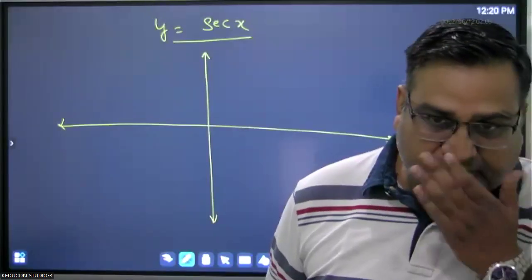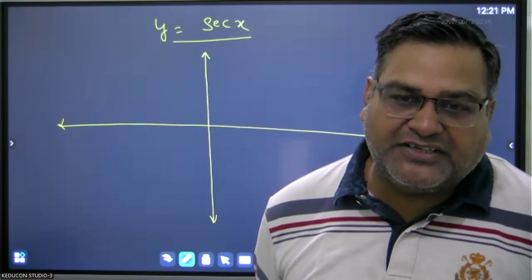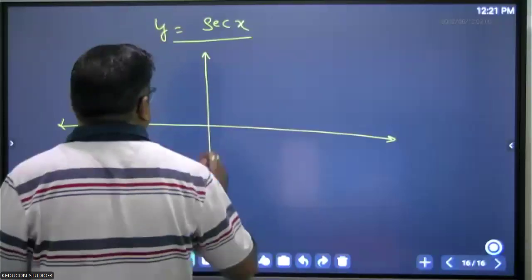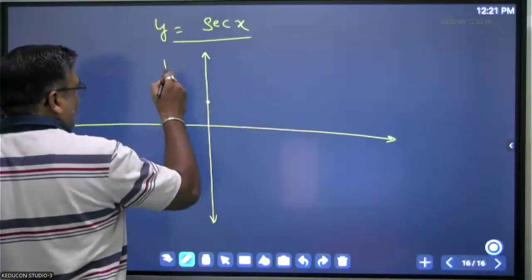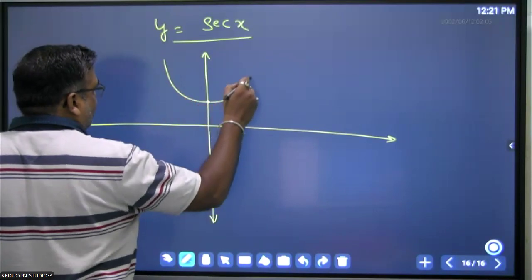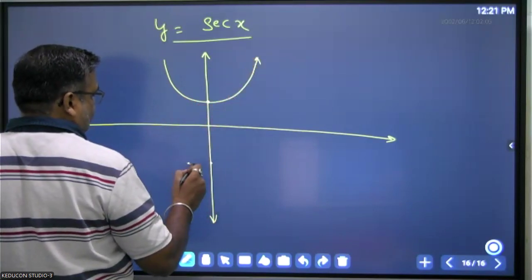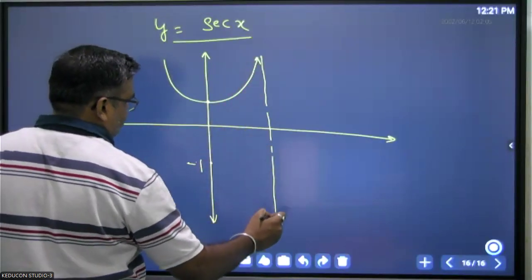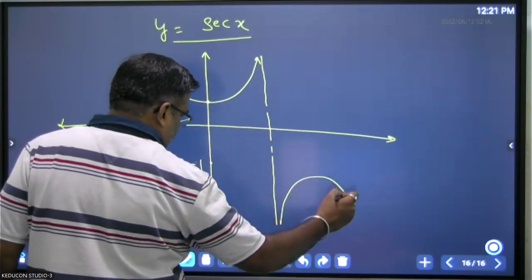Yes. It is simple, son, it is the reciprocal of cos. Cos 0 degree is 1, so secant 0 will also be 1. So let's say this is 1. So this graph is like this. This is minus 1. Here this graph will be like this.